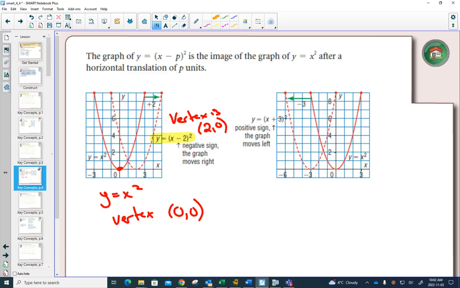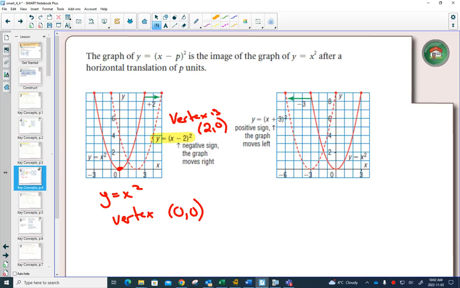And the reason it moves 2 to the right and not 2 to the left is we are trying to find the x value that still makes y 0. What would you have to plug in for x to make it equal to 0? You'd have to plug in the opposite, positive 2. And so that's why it moves it to the right.